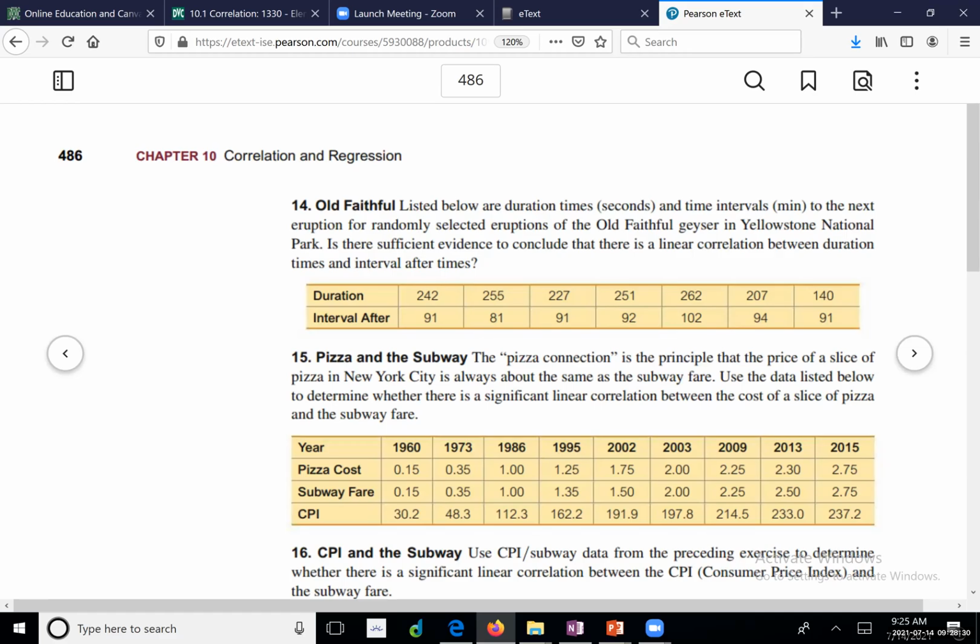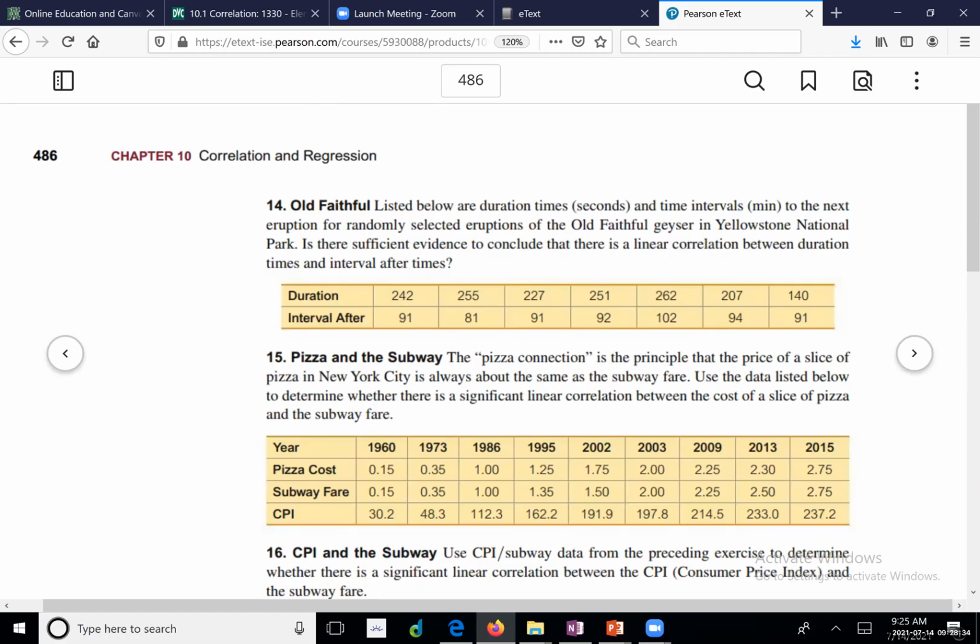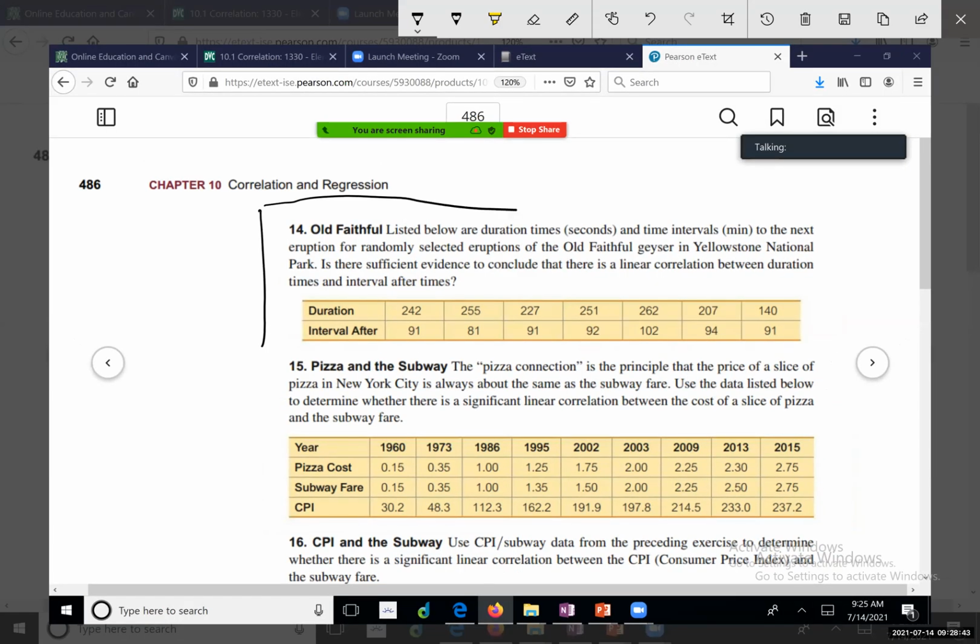Okay, let's work on problem number 14, Old Faithful. May I have a volunteer to read number 14? Go ahead, please.